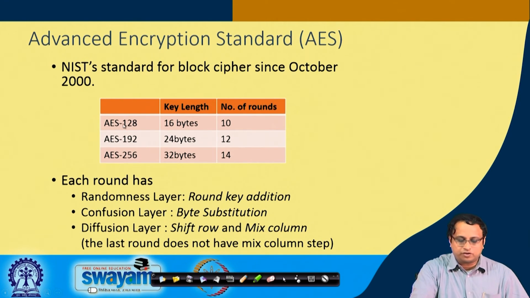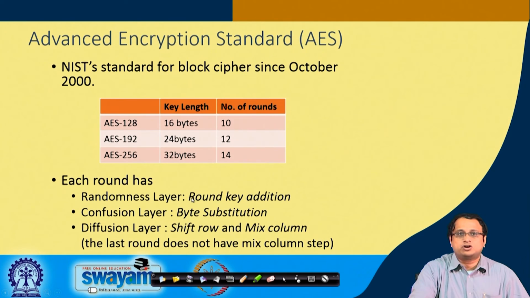All of them have 128 bits of plaintext, but they have different sizes of key. For example, AES 128 has 16 bytes of key and operates on 10 rounds. Likewise AES 192 operates on 24 bytes of key and has 12 rounds, and AES 256 operates on 256 bits of key and has 14 rounds for its encryption.